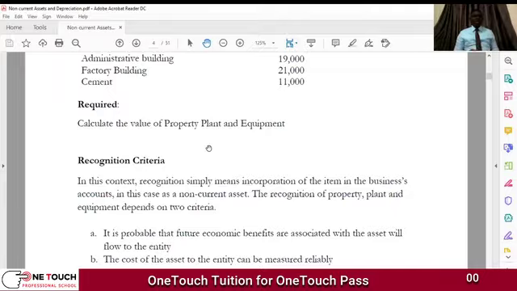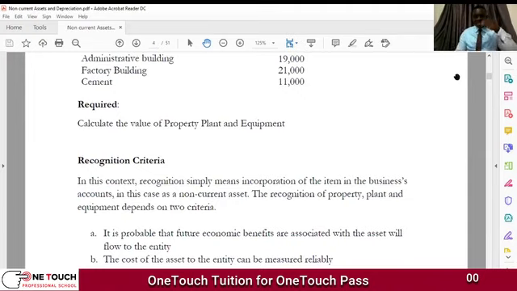Now, when we have PPE, certain preconditions must be met before an item will be recorded in the financial statements as an asset. Certain things must be present before that item can be recorded as PPE.